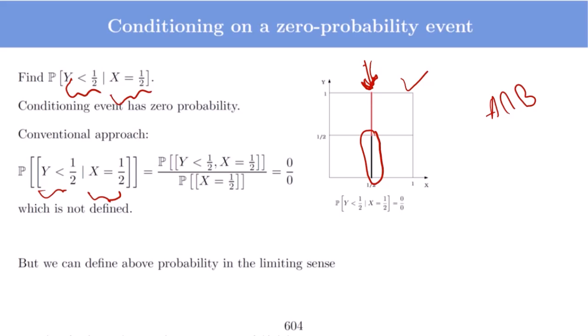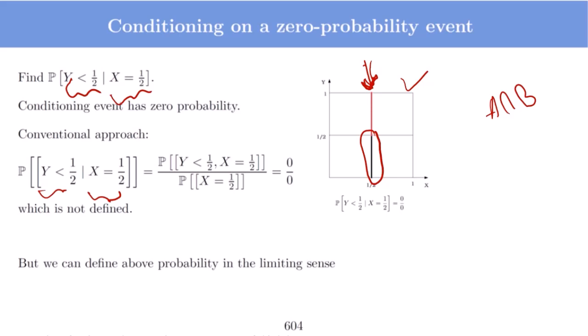Now the red line has 0 measure and the black line also has 0 measure. So the relative measure is 0 by 0, which is not defined. But intuitively, from this figure, you can think that this black line is half the length of the red line, so the relative probability should be half.